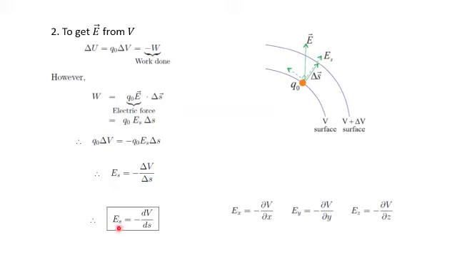So ES is the component of the electric field along delta S.